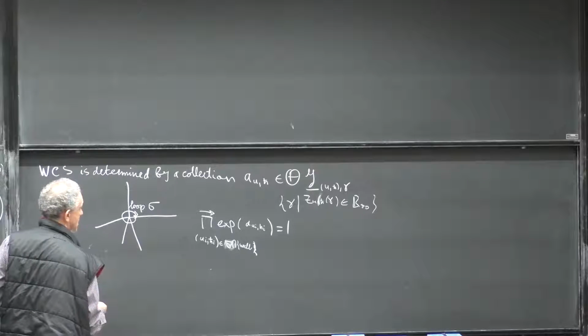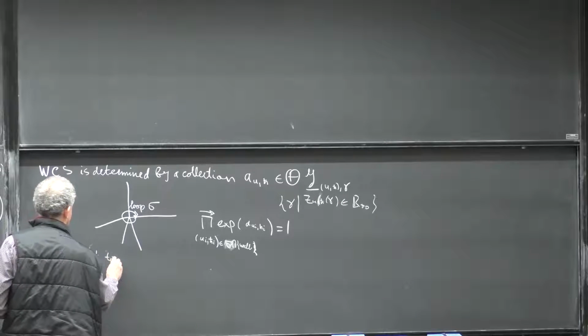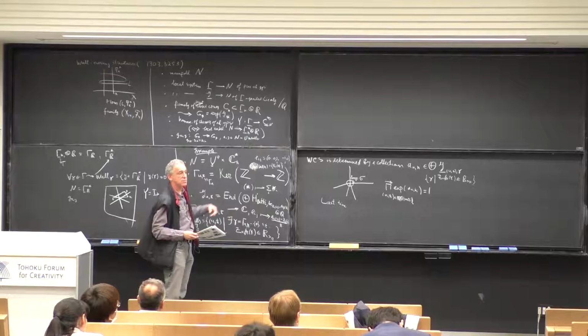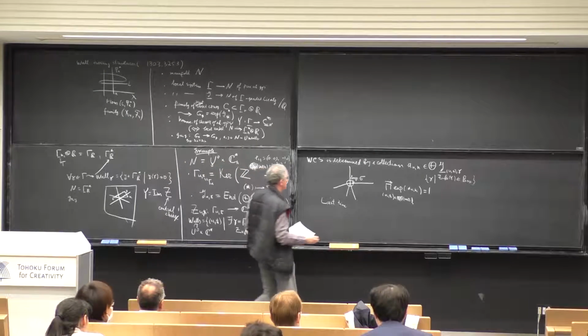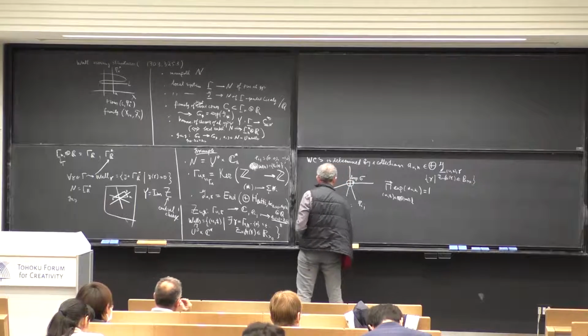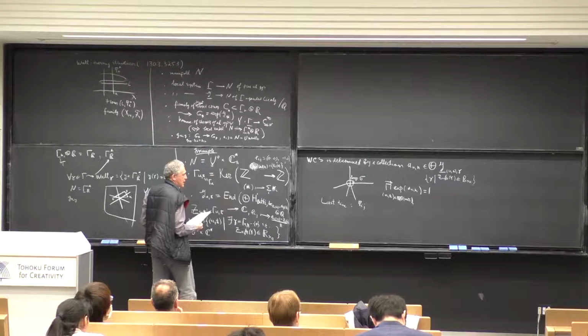And last time I explained these automorphisms. It's called T_{IJ}, something like that.